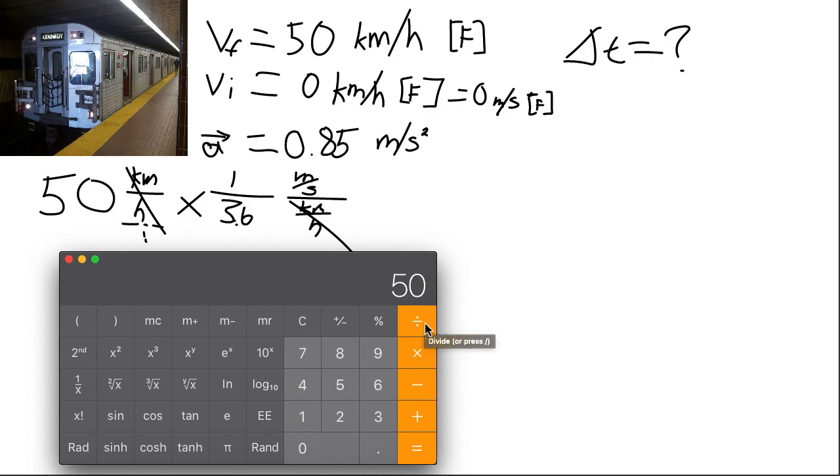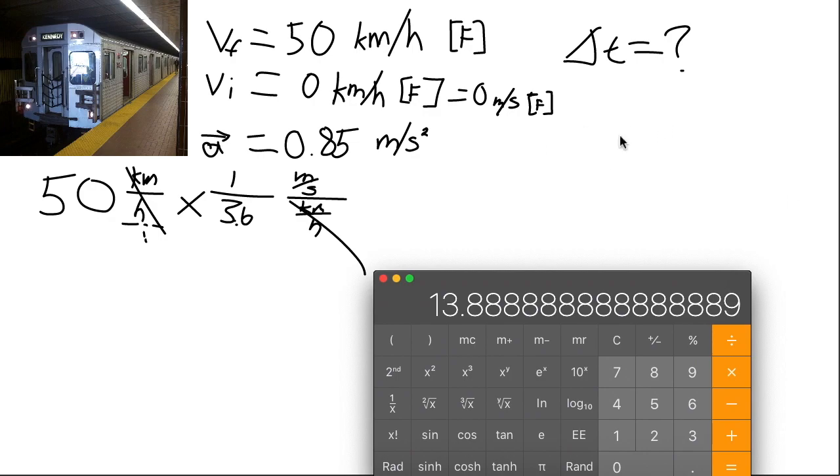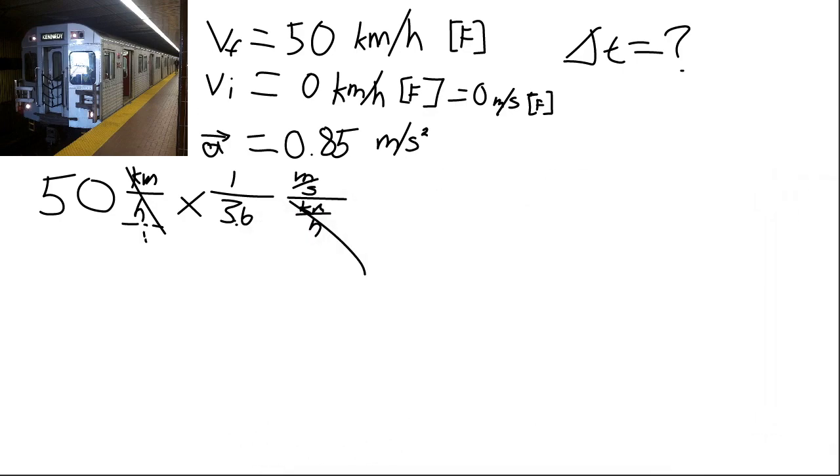So 50 divided by 3.6 equals 13.888888 and so on. Let's round it off to a few extra decimal places. We'll round according to sig figs in the end.